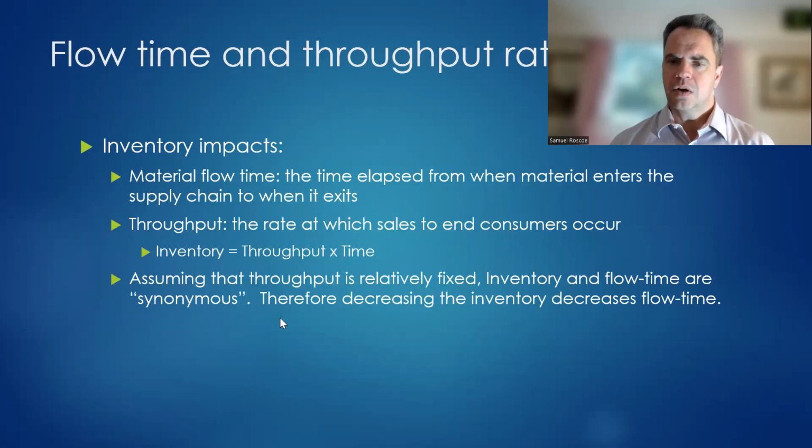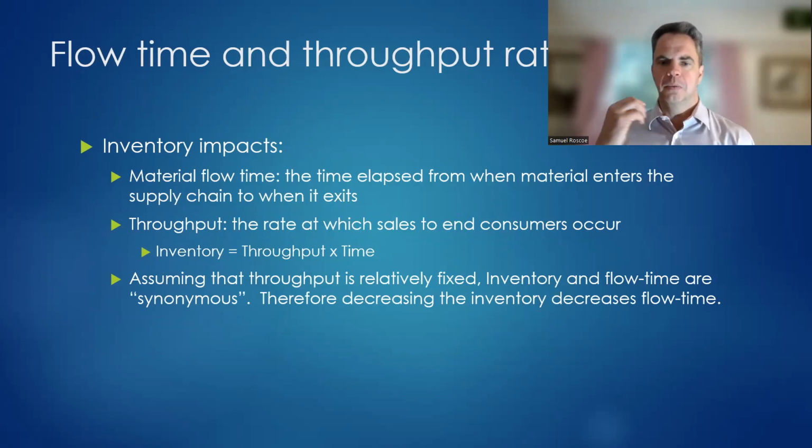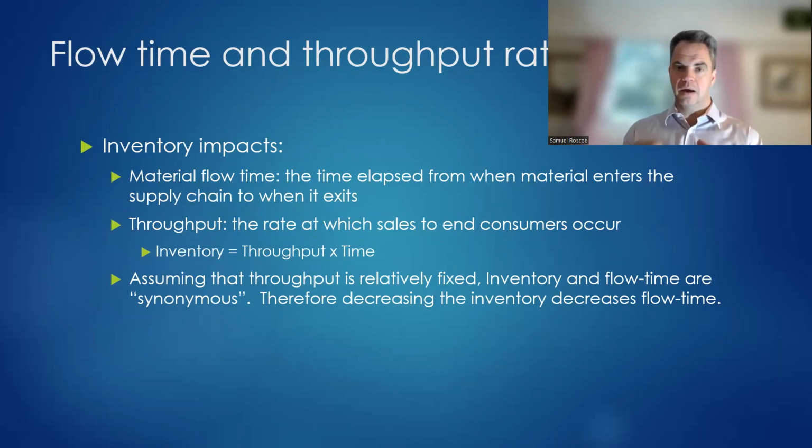Okay, so I'm just going to talk quickly about the topics of flow time and throughput rate, and then we'll wrap it up there. When we're trying to understand this idea of moving inventory through a process, we have this concept of what's called the throughput rate or the flow rate through my operation. And basically, this is the idea of Little's law.